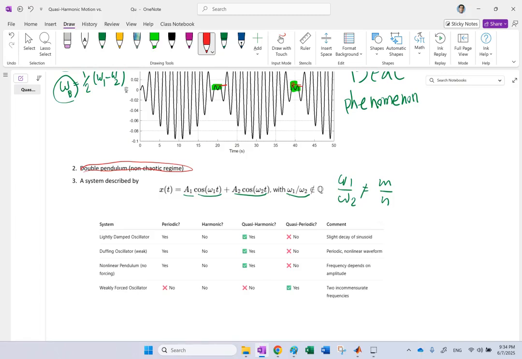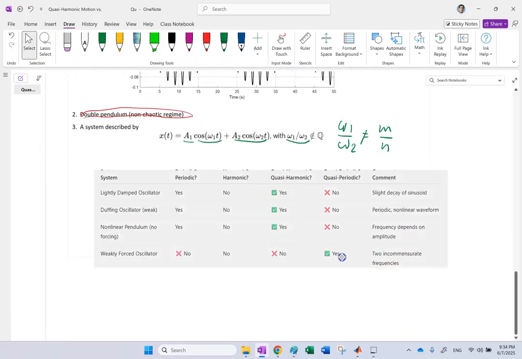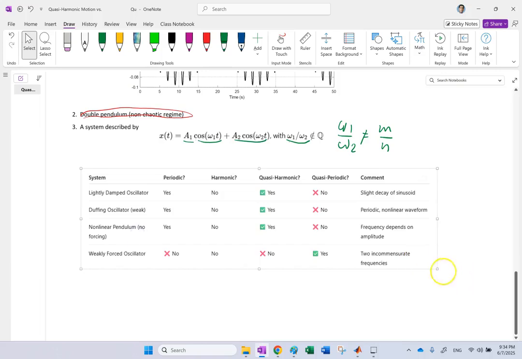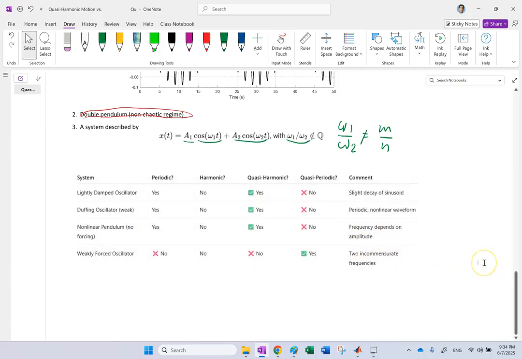So if I want to finalize this and summarize the difference between these different kinds of motions or responses that you have seen, which one of these systems shows quasi-harmonic, which one shows quasi-periodic, I can tell you that in the nonlinear pendulum with no torque, in the Duffing oscillator, and in linear systems with small damping, you can say all of the systems, their motion is exactly periodic.